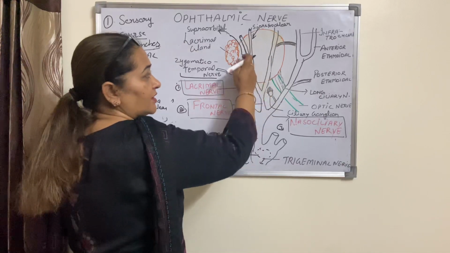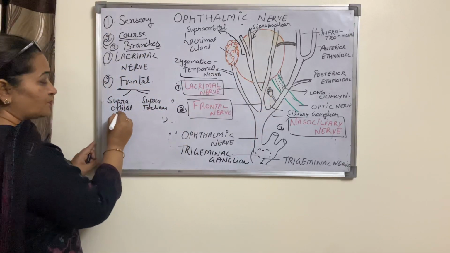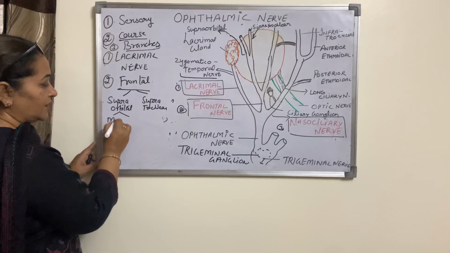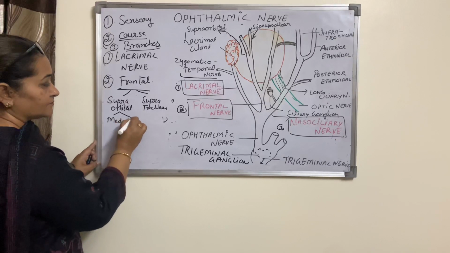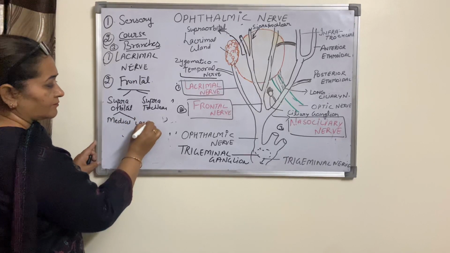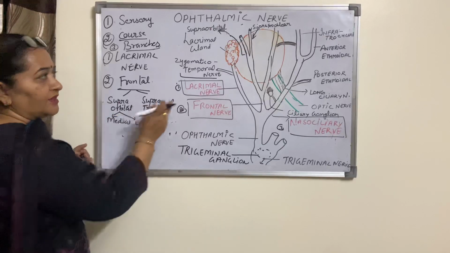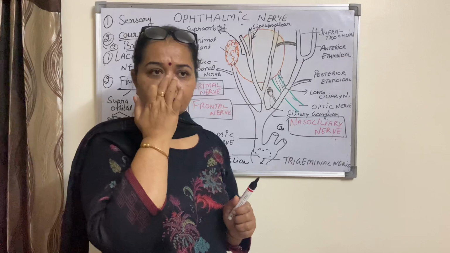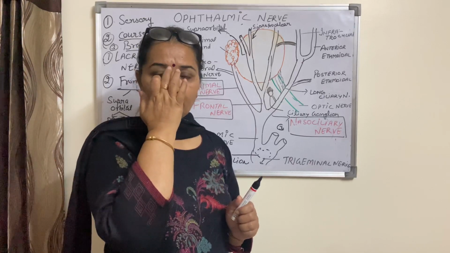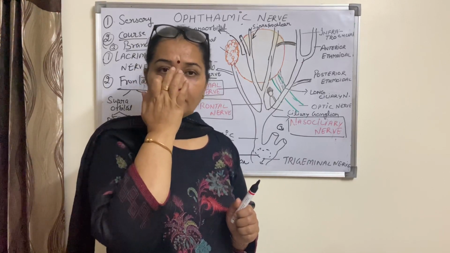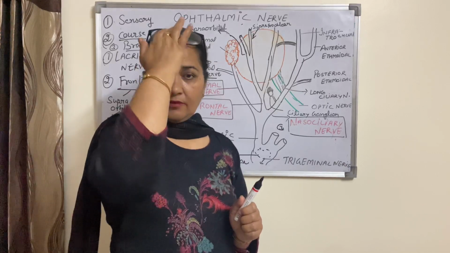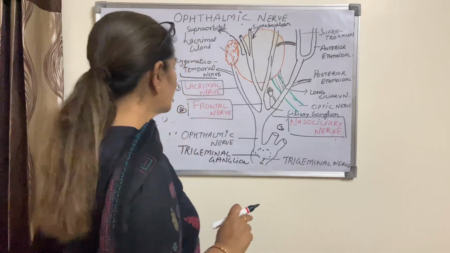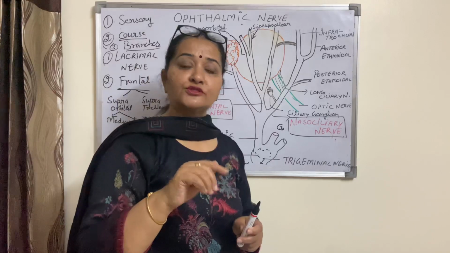Supratrochlear is the medial one, and this is the supraorbital. Now this supraorbital divides into medial and lateral branches. As this nerve passes through the supraorbital foramen or supraorbital notch, it runs upward. So the distribution of this nerve is up to the lambdoid suture of the scalp.